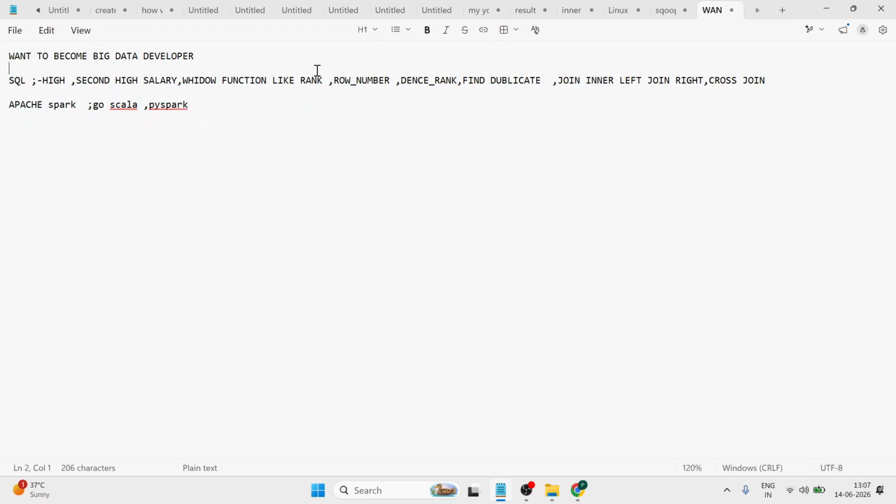Any question you find, try to solve the same question with Spark as well, with Scala as well. Scala and PySpark are almost 70 to 80% the same, only here it is in Scala.